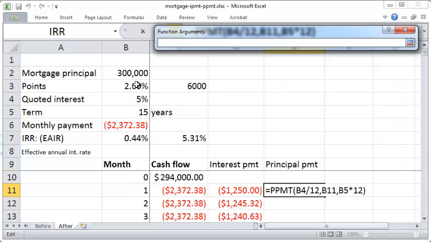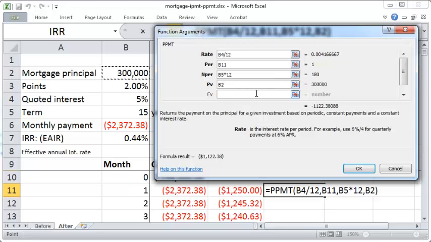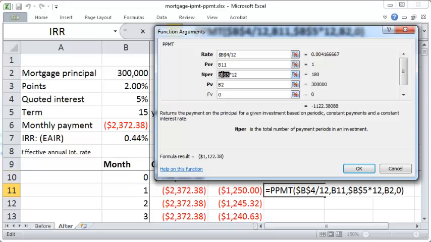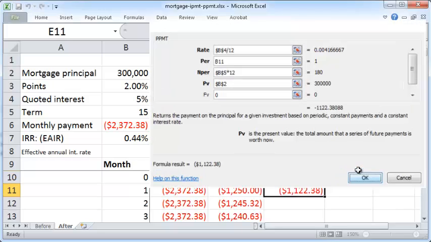Present value is B2, 300,000, and future value is 0. And as before, I will need to make this as $B$4, $B$5, and $B$2. And to do that, I press the F4 button on your computer and press OK.